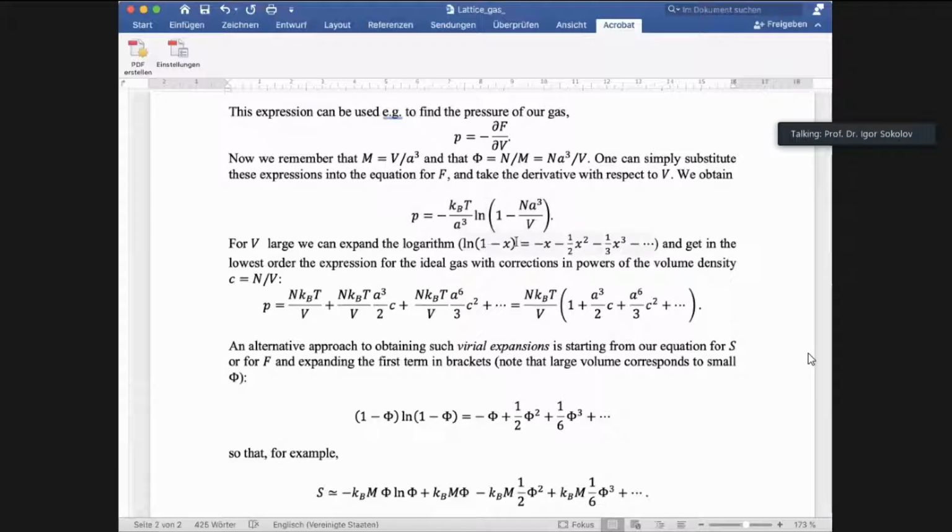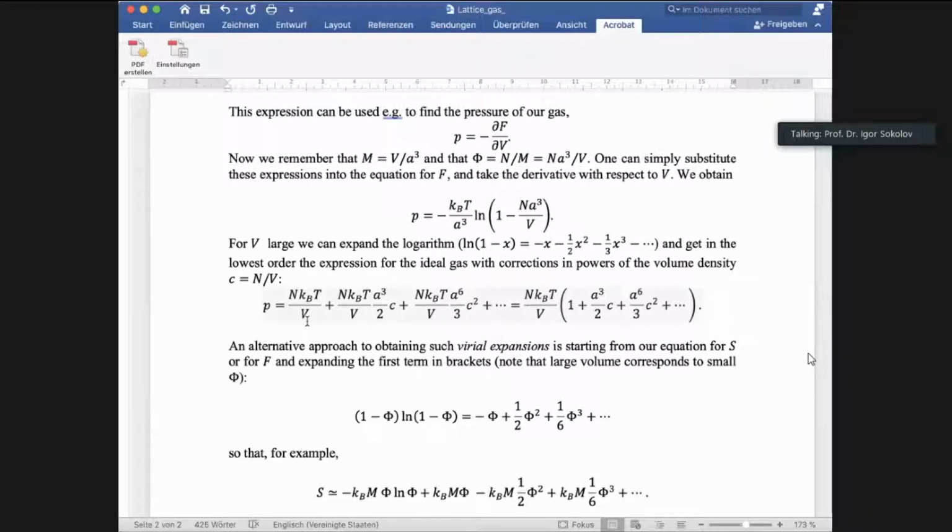The Taylor series for this logarithm starts from minus x, minus x minus 1/2 x squared minus 1/3 x cubed minus 1/4 x to the power of 4, and so on. So the first term will give me kBT divided by a cubed, with a plus, N a cubed divided by V, kBT N divided by V.